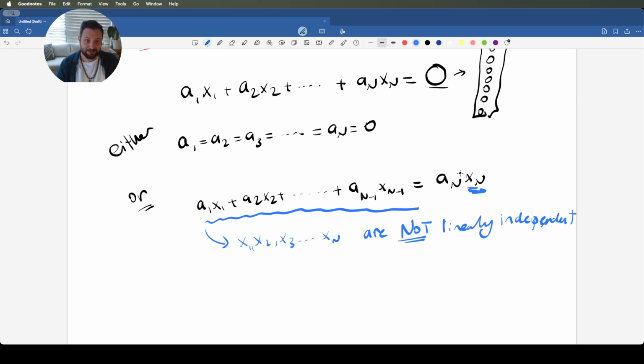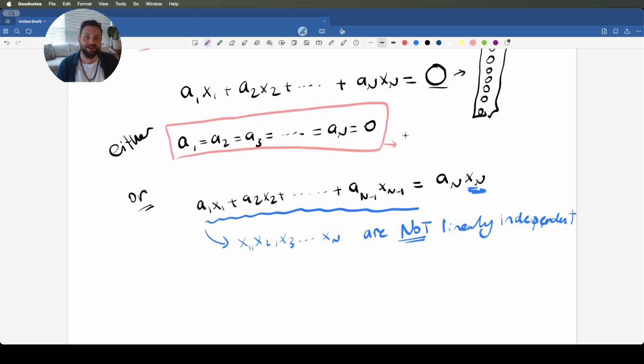I can get one of them via linearly combining others. So it makes them linearly dependent. One of them depends on others linearly. If this is the case, this is the only way that you can get the summation.